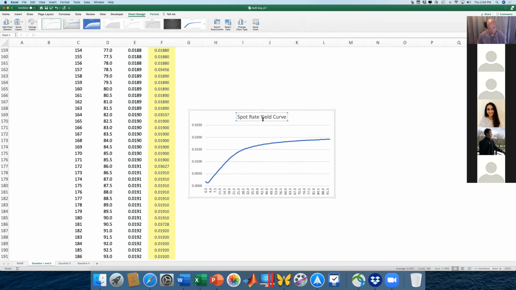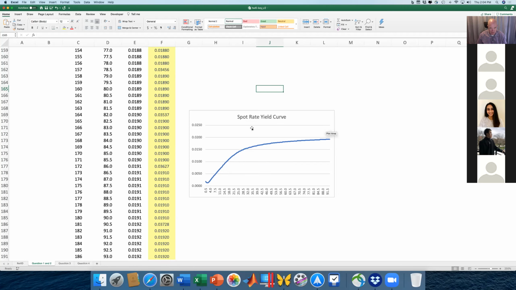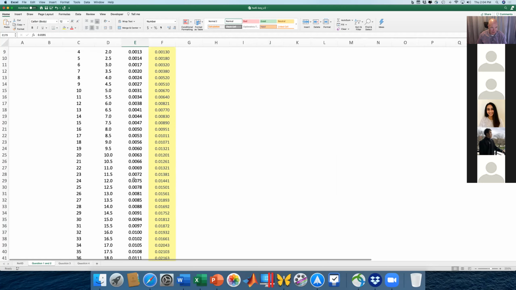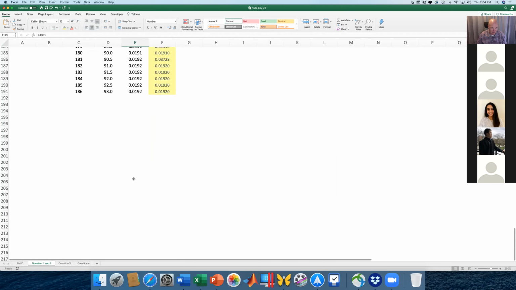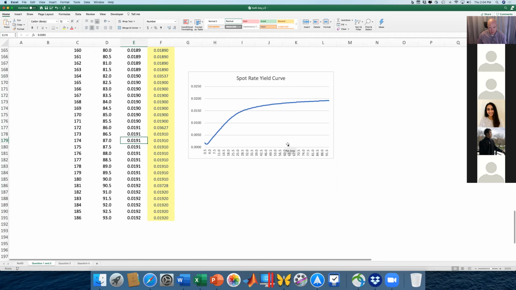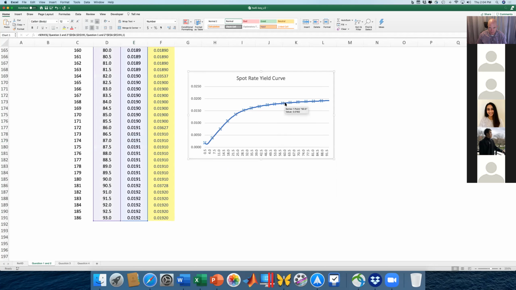And this is what the yield curve was in August. So you see here the yield curve, and you'll notice that we had a little blip here, but overall it's an upward increasing yield curve, and then it just flattens out.